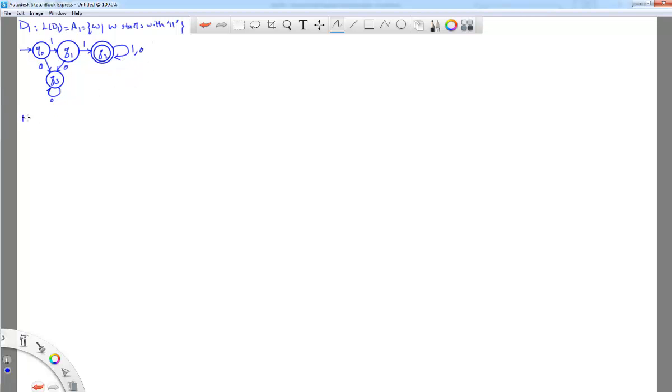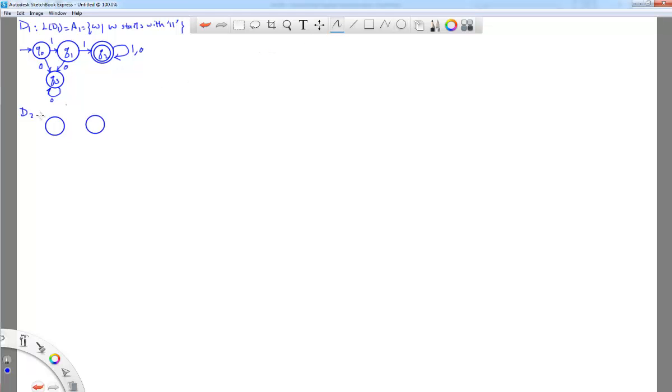And so then I have another automaton, and let's say that this automaton represents a language in which all strings end with 0. In this case, what I would have is an automaton D sub 2, and this will have two states.